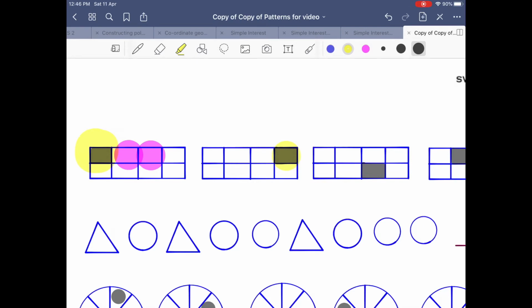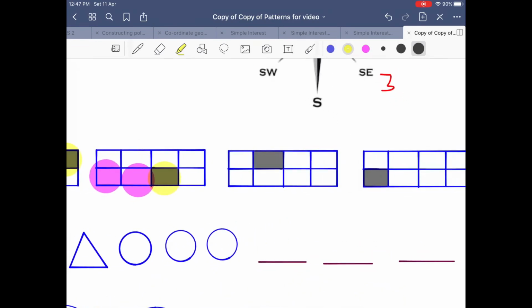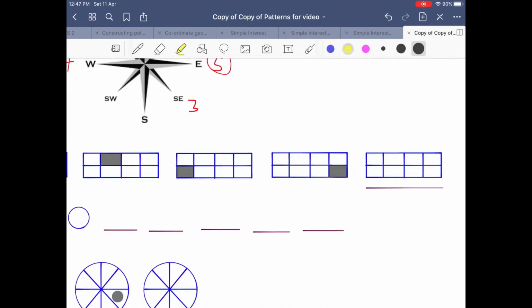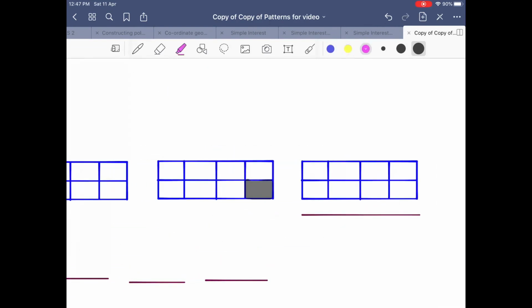Again, we skip 1, 2, and then we shade the next one, which is here. So we are simply skipping 2 boxes and then shading the next. So if we go all the way to the end, here we will skip 1, 2, and then we will shade this one.